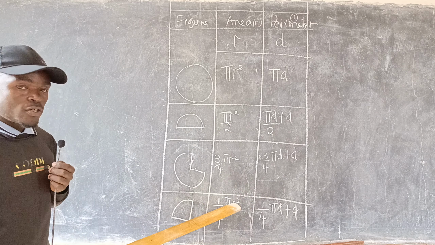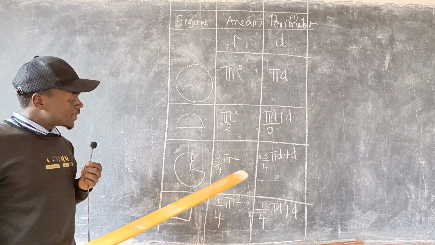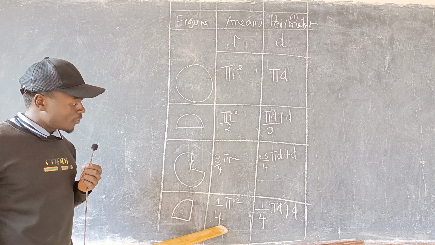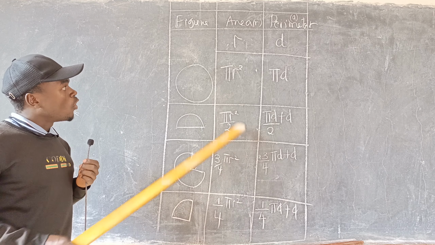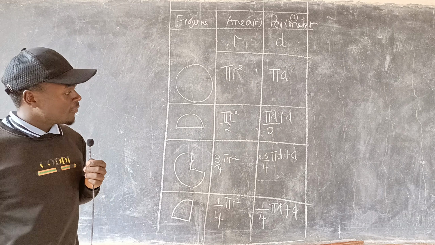Then let's go here to a quarter sector. A quarter sector is 1/4. We know the meaning of quarter is 1/4. So it is 1/4 of pi r squared, or 1/4 of our area. Things are very, very simple.